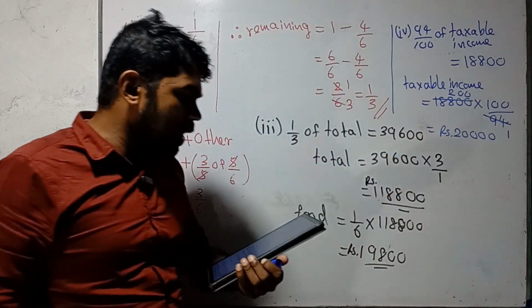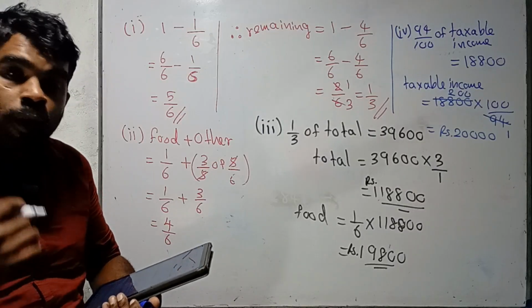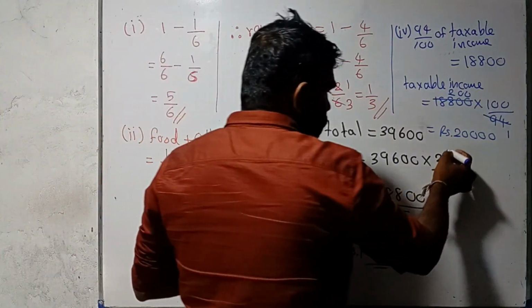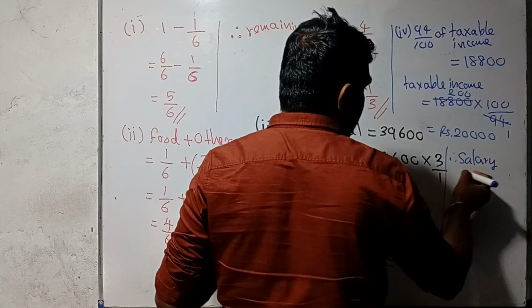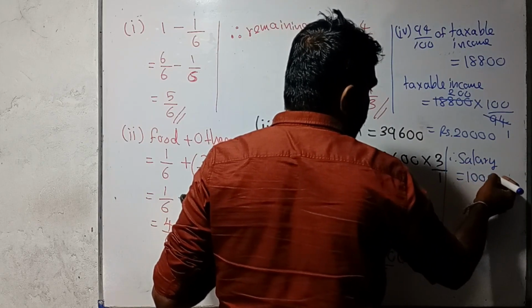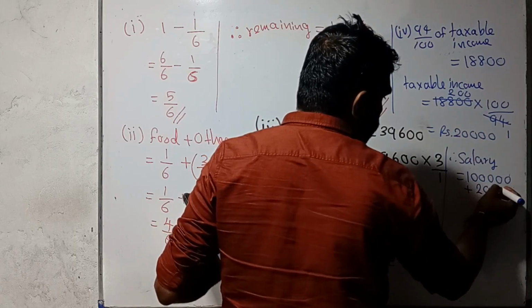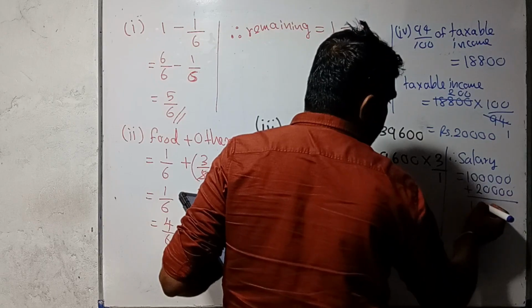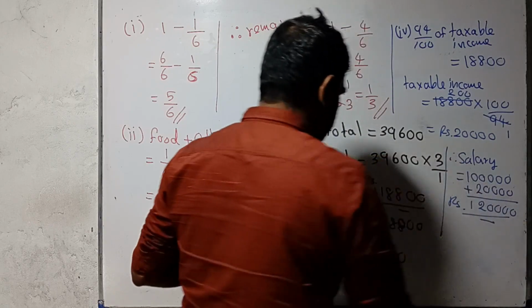Taxable income is 20,000 rupees. Now we have to find the salary before paying tax. Therefore, when finding salary, tax-free amount 100,000, and we have to add taxable income 20,000. Then 120,000 rupees is the salary.